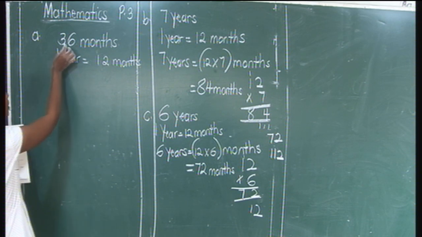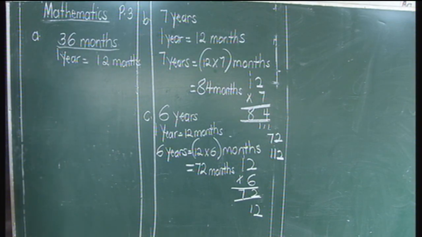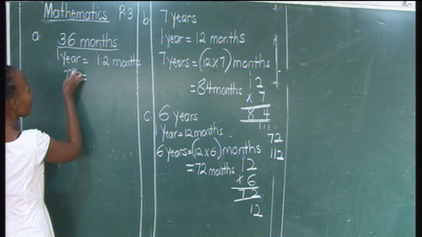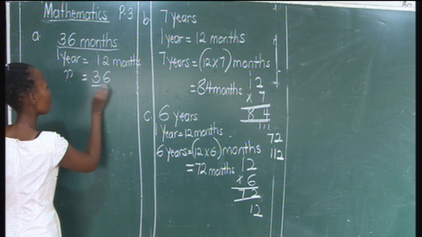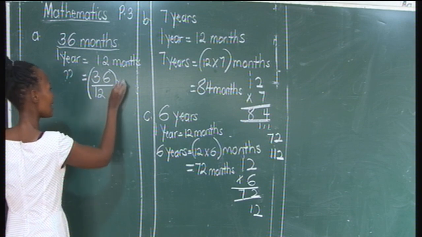What about these? How many years? The years which we don't know. Now we shall get the 36 months divided by the 12. Our answer is supposed to be in years.